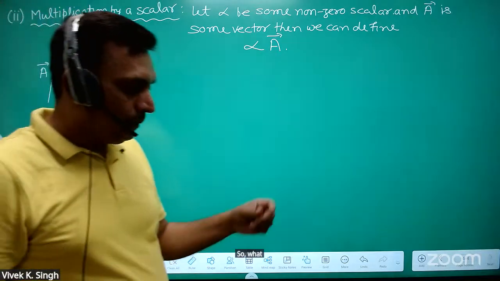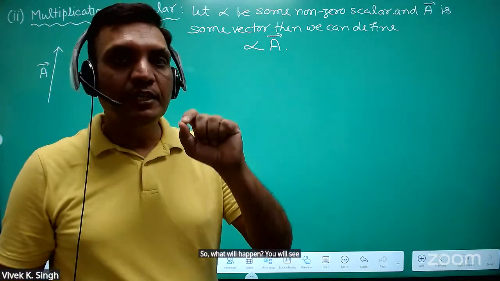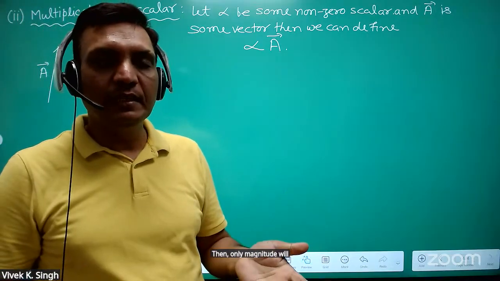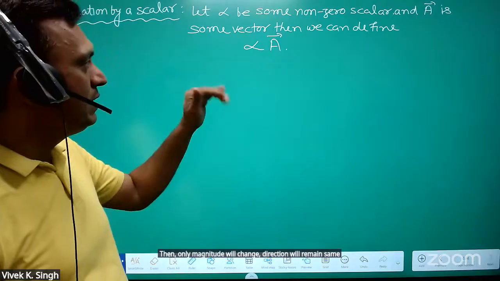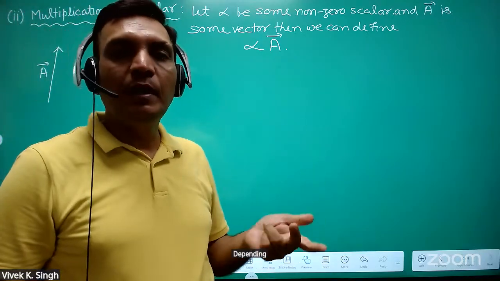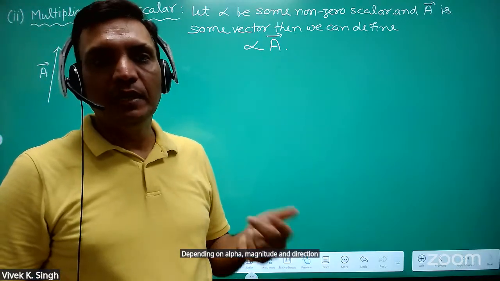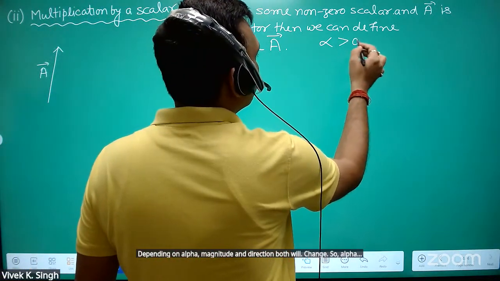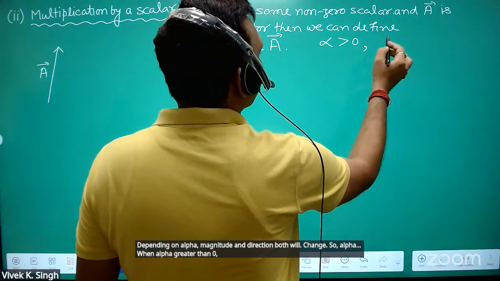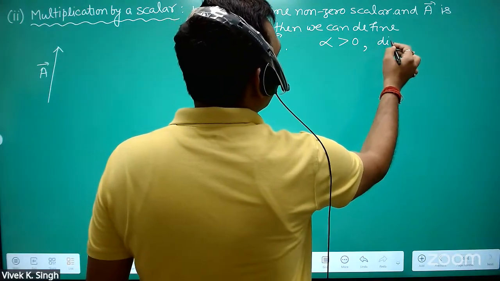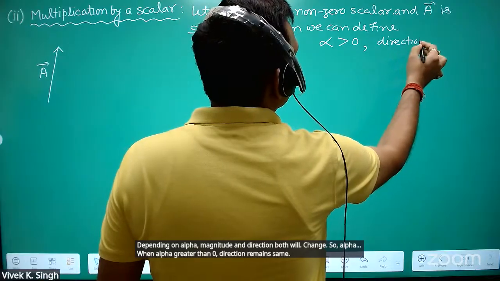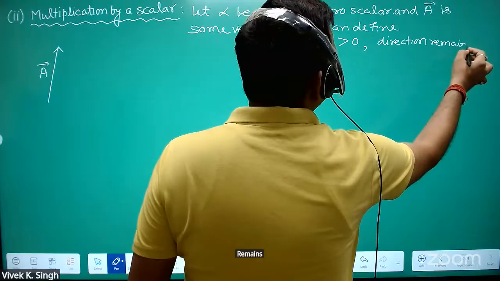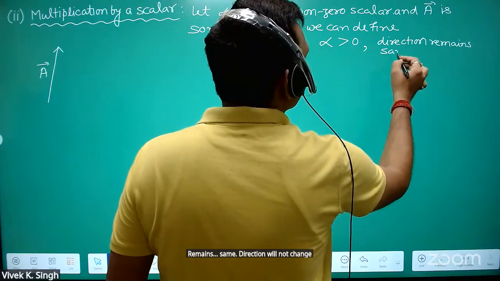So if A is a vector, you will see if alpha is positive, then only the magnitude will change, the direction will remain the same. But when alpha is negative, depending on alpha, magnitude and direction both will change. So when alpha is greater than 0, the direction remains the same.